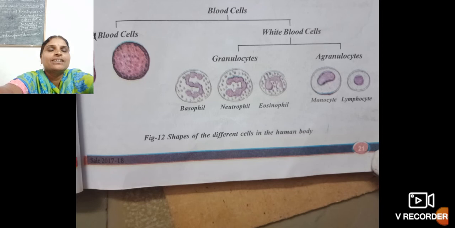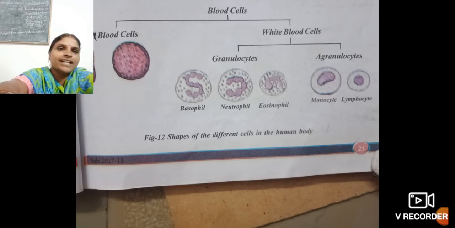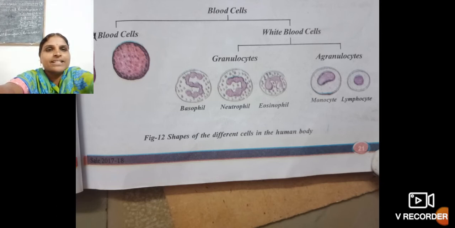Red blood cells have a dumbbell and round shape, and white blood cells are divided into two groups: granulocytes and agranulocytes. In granulocytes, granules are present in the cells, that's why they are called granulocytes.